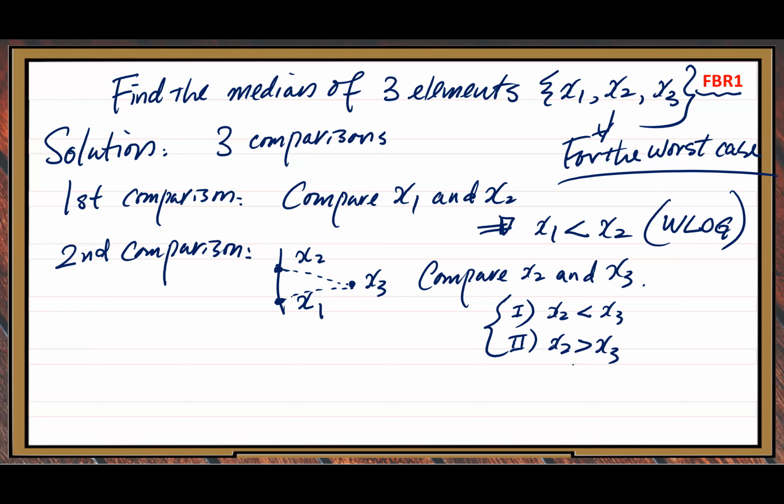For the first case, we have the result: x1 less than x2 less than x3, so x2 is the median.